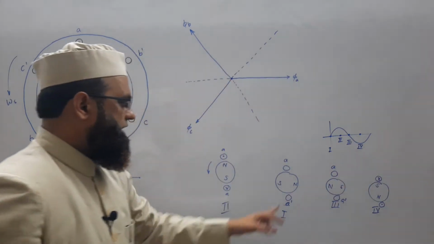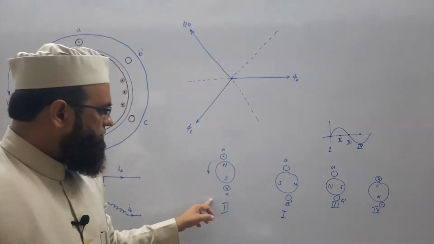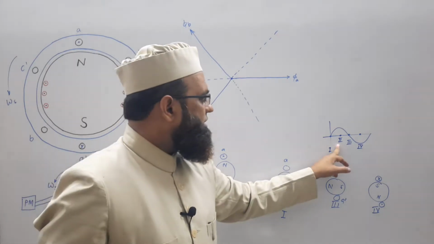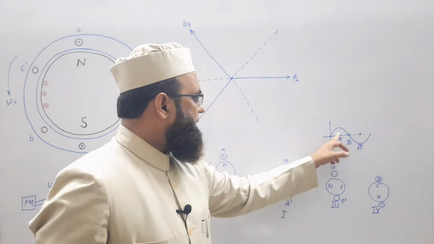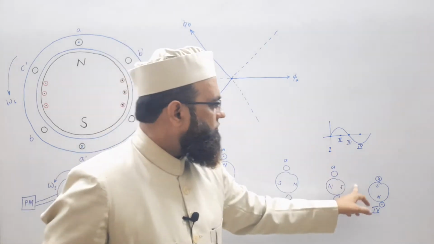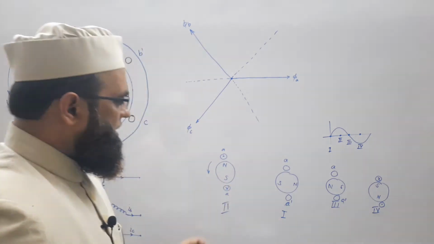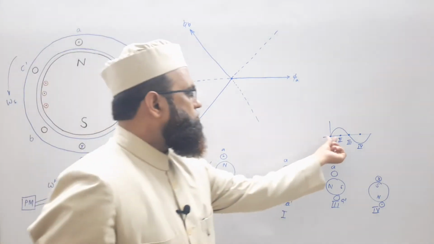See here, case 1 no flux linkage, EMF induced is 0. Case 2 maximum flux density linkage to the coil, so maximum EMF. Case 3 0. Case 4 though negative but magnitude is maximum. In between case 1 and case 2, these 2 moments are there, right?